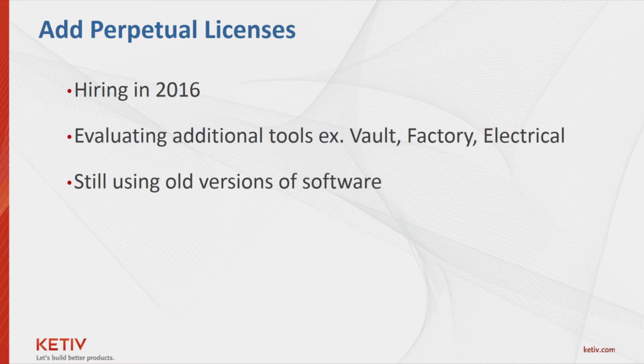If you think about your plan over the next 6 to 12 months, it may make sense to add additional perpetual licenses today, so you bring on these additional seats with the same license model that you already have in place. If you're anticipating reducing license count, it may make sense to do that today and maybe network a smaller set of licenses in your environment.